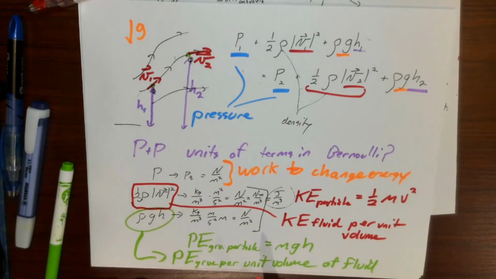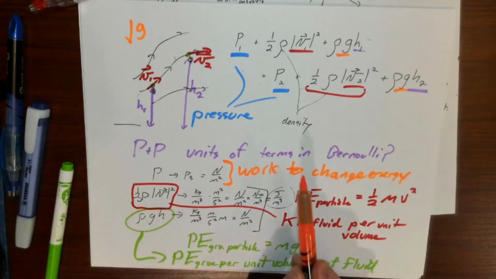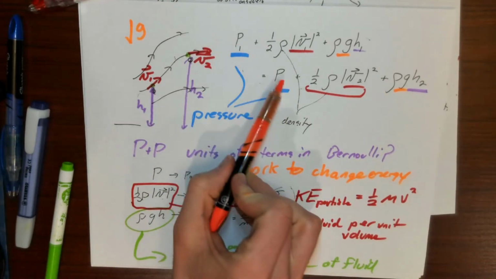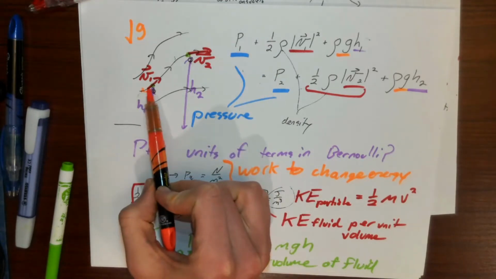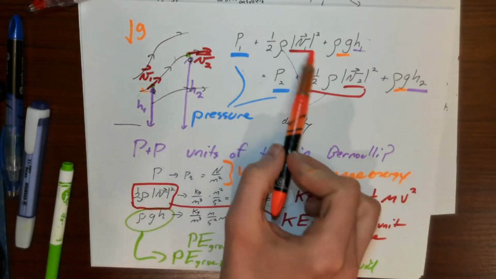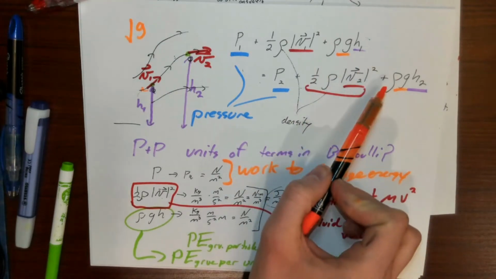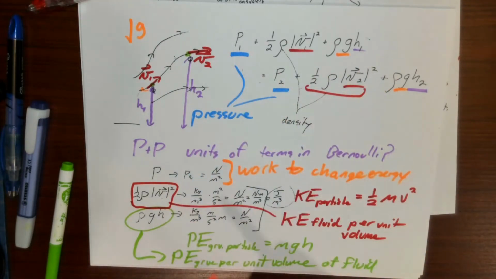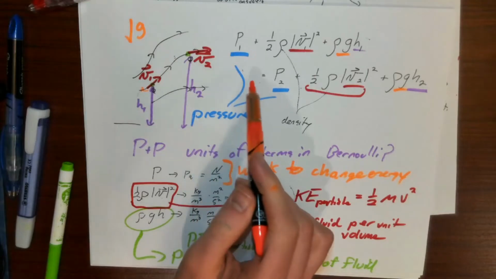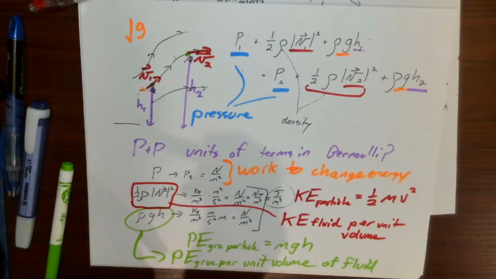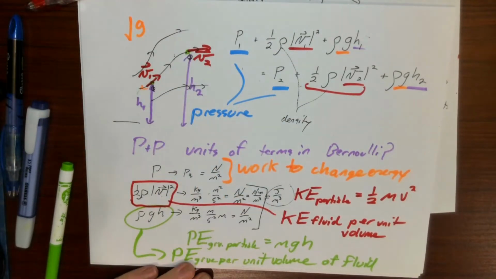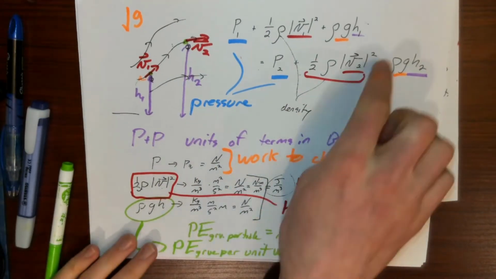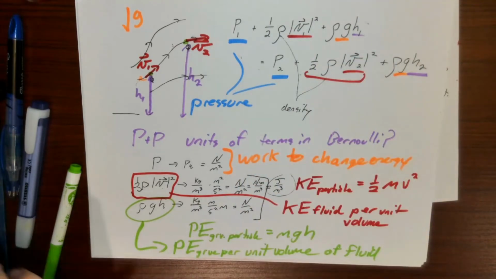So in a sense, Bernoulli equation is basically saying, if I did some net work on this chunk of fluid to bring it from here to here, how would its kinetic energy change and how would its potential energy change? So how much work, i.e. how much pressure, it's kind of like a work-like term in fluids, is needed to change the kinetic and potential energy of this fluid. So that's the essence of the Bernoulli equation.